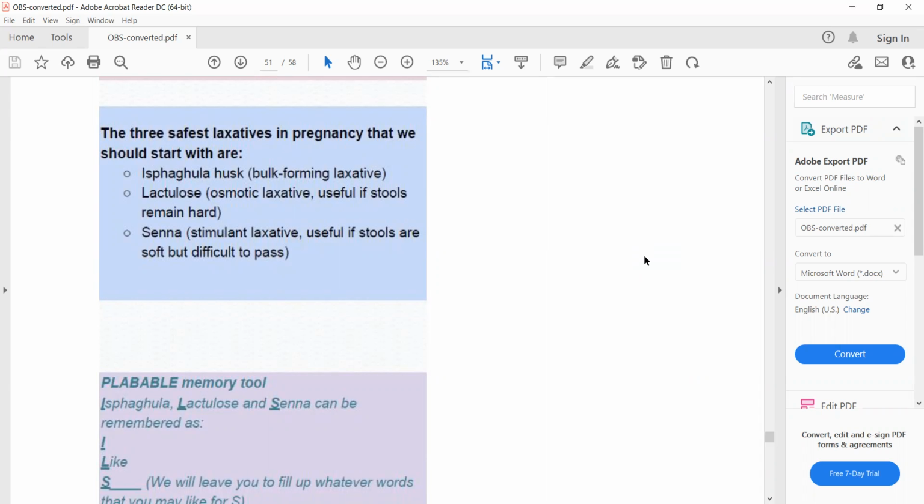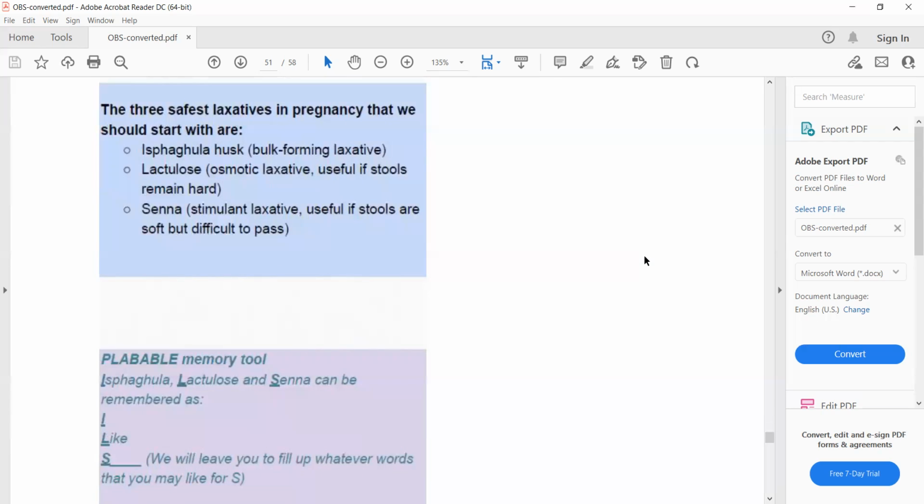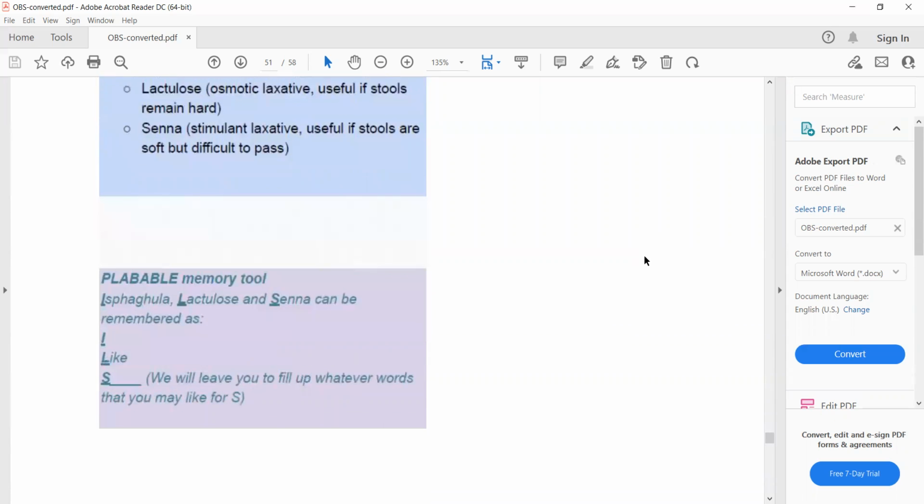In normal population, after ispaghula husk, we try senna or stimulant laxative, but in pregnancy, because senna can cause abdominal discomfort, that's why it is tried after lactulose.